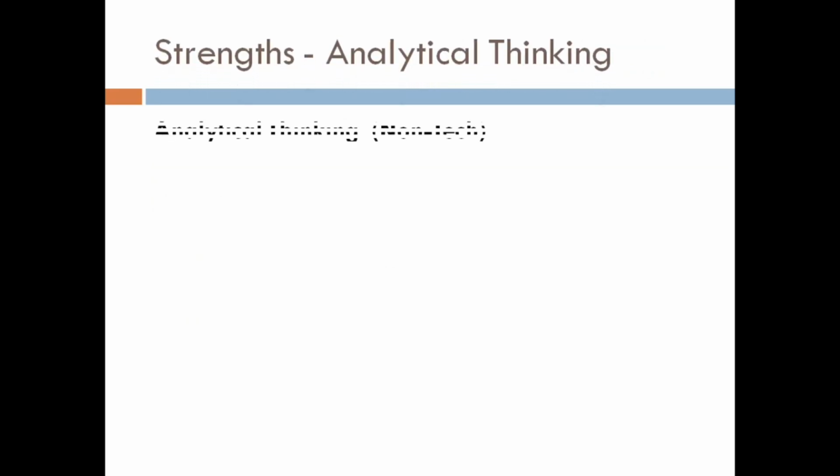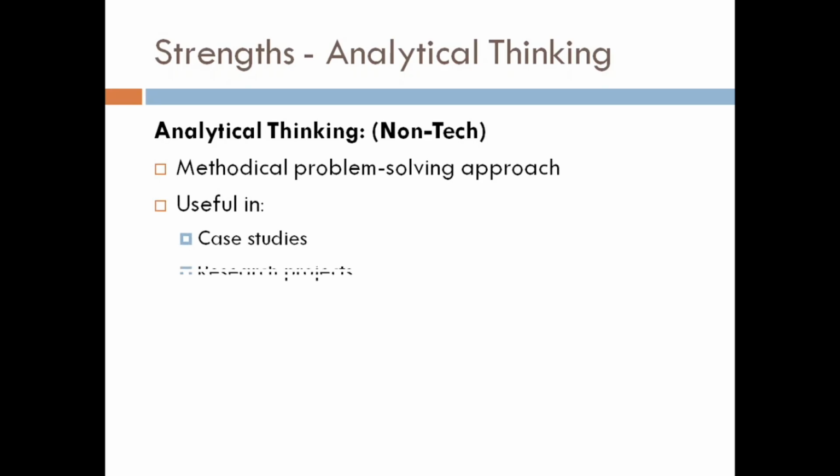In the same way, a non-technical student needs to mention their analytic thinking, mainly a methodical problem solving approach. And mainly they need to mention the case studies they have done, the research they have done, and critical analysis. These are the things they need to mention in analytic thinking.